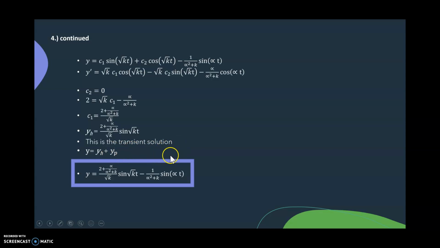Now we combine both the steady state and the transient solution in order to get the equation for y, and y will be equal to 2 plus alpha divided by alpha squared plus k, all divided by the square root of k, times sine of the square root of k times t, minus 1 divided by alpha squared plus k times sine alpha t.